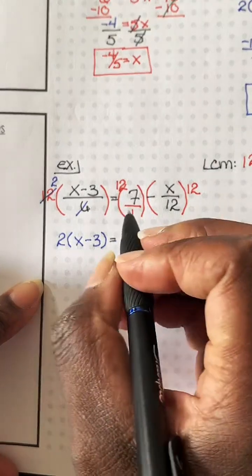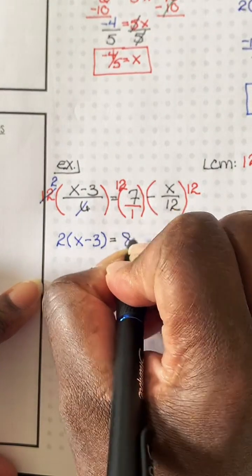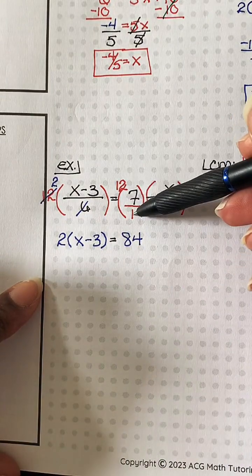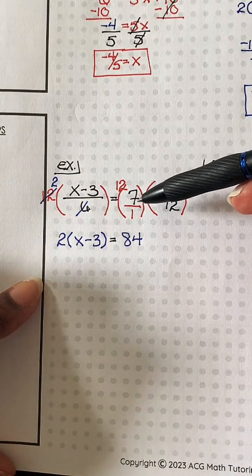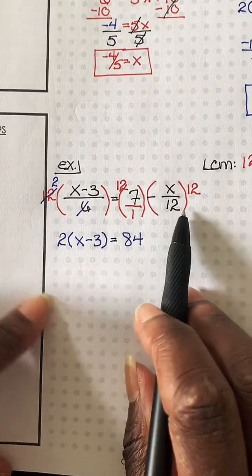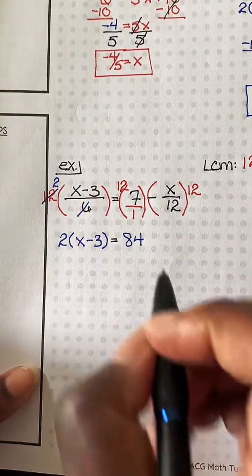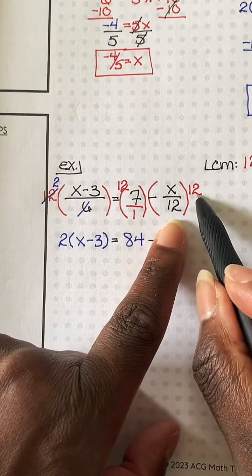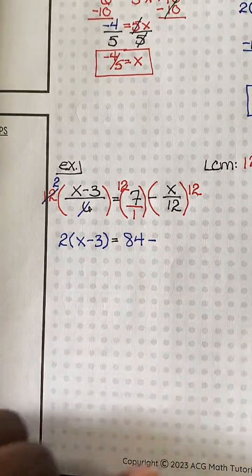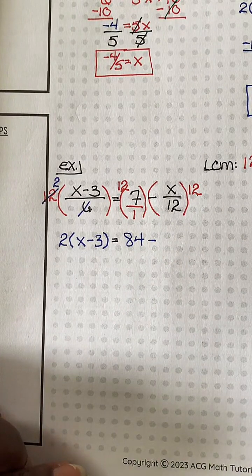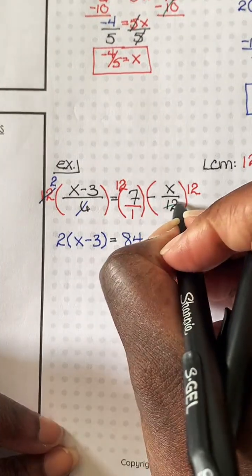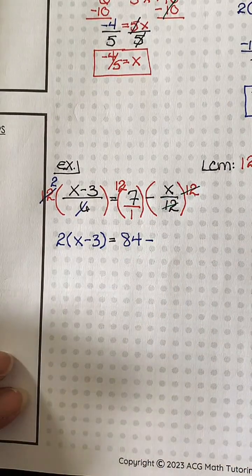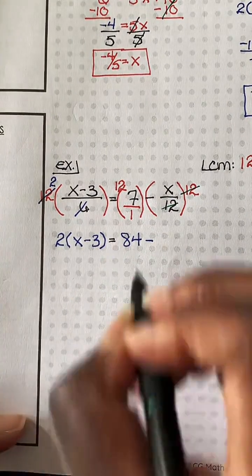So that gives me 84. I won't be able to reduce the 12 and the 1 because it's just going to be 12, right? Now I have this minus, I'm going to bring that down. But now I have 12 divided by 12, and 12 divided by 12 gives me 1. So I have minus 1x, or I could simply write minus x.